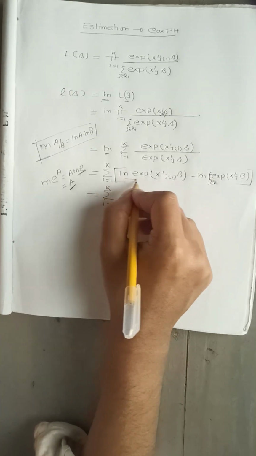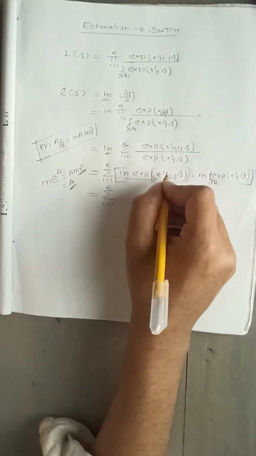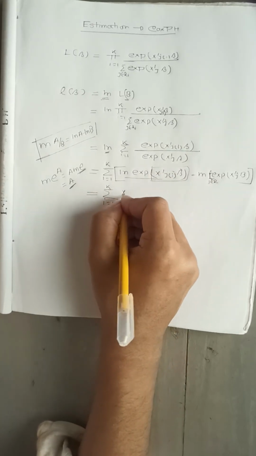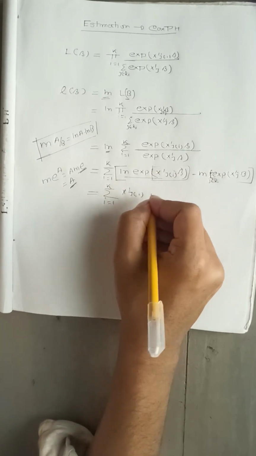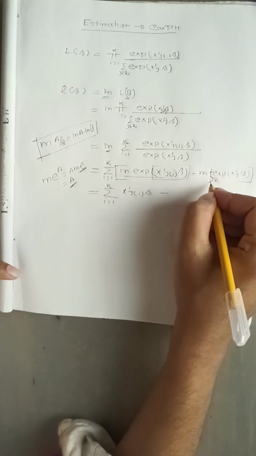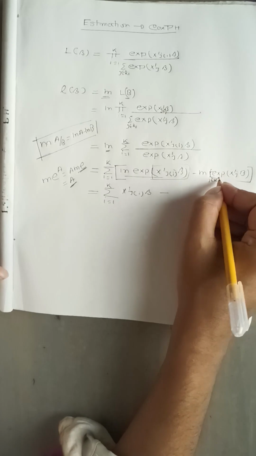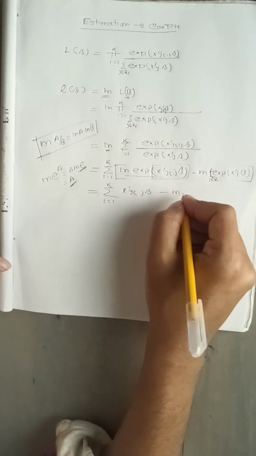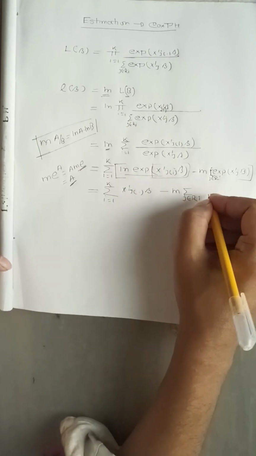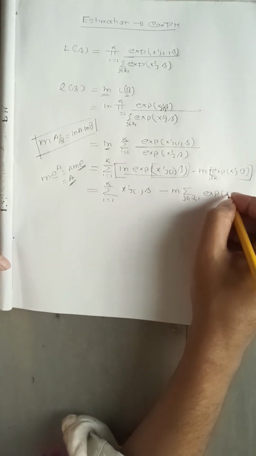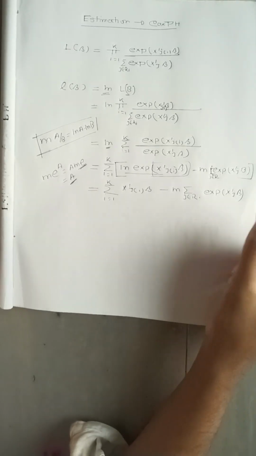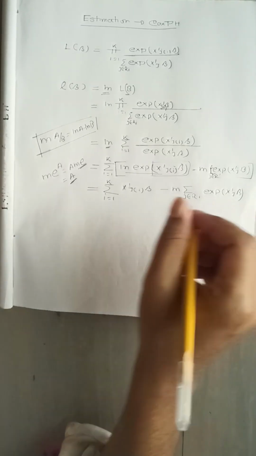So here I will come up with x'_{j_i} β minus, I cannot apply ln here because there's a summation, j belongs to the R_i risk set. So what I have to do, I would leave it like this: the sum over j belongs to R_i of exp(x'_j β). So that is it.